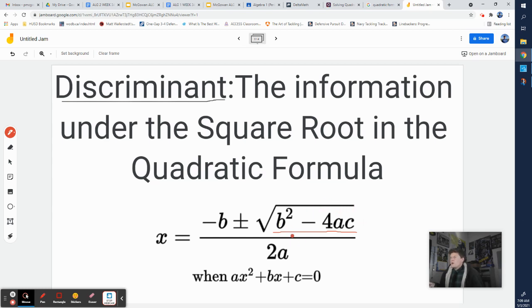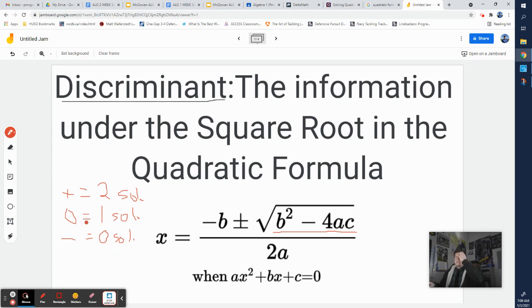And then if it's zero, you get one solution. So if it's positive, you get two solutions. If it's zero, you get one solution. And then if it's negative, you get zero real solutions.